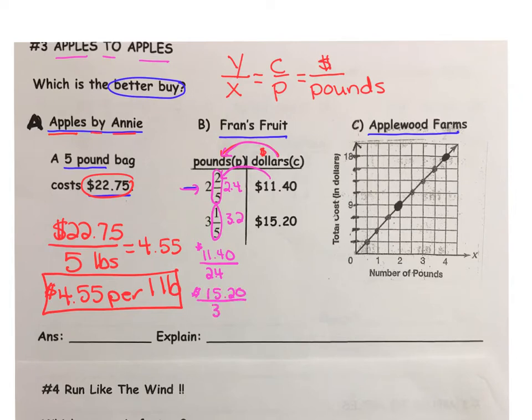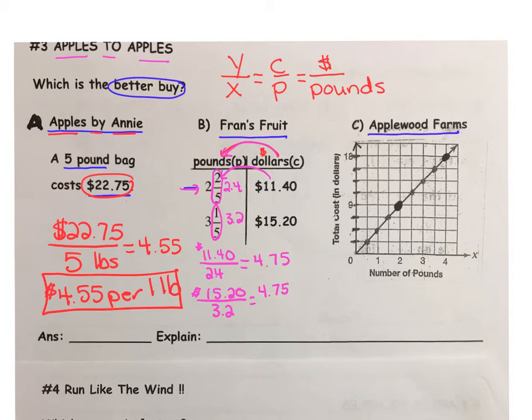Take a moment and grab your calculator. You should be recording all of this work in your spiral notebook or on a worksheet if you were able to print it. As you divide on your calculator, you should have gotten 4.75 for each.